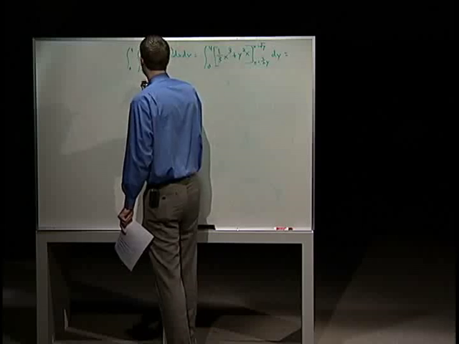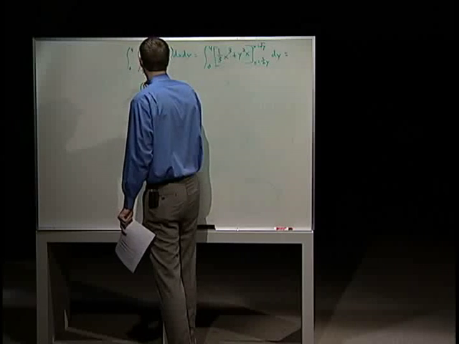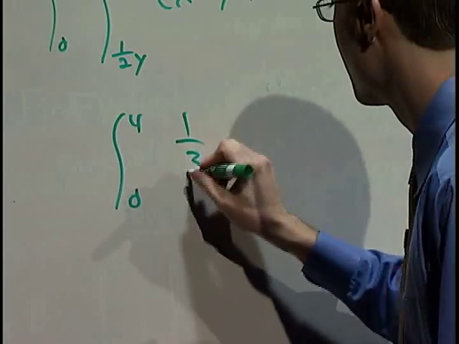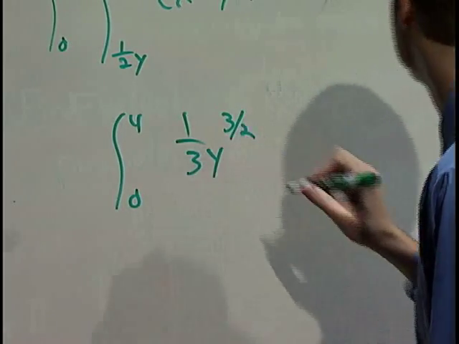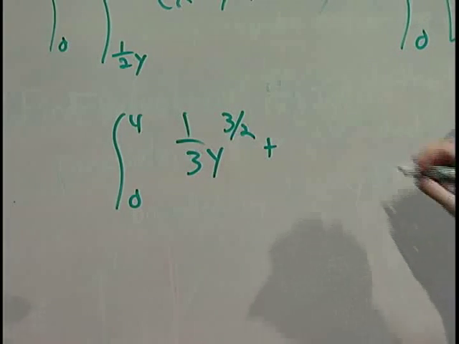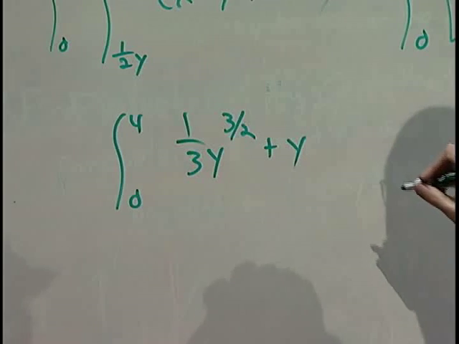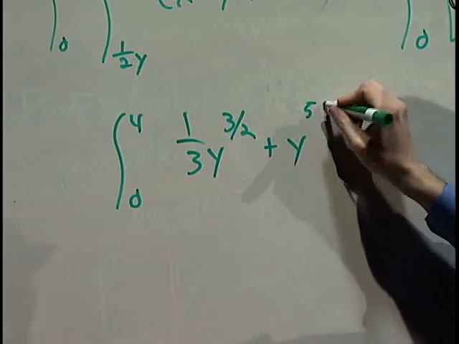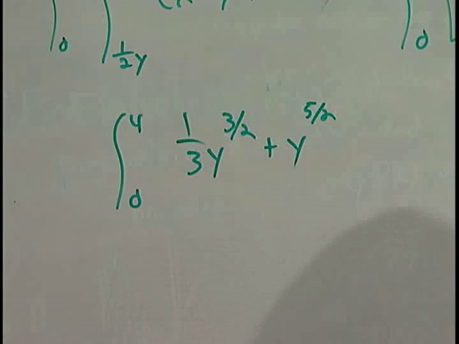So this winds up giving you 0 to 4. You plug in square root y here, you get 1/3 y to the 3/2 plus, y squared times y to the 1/2 is y to the 5/2.